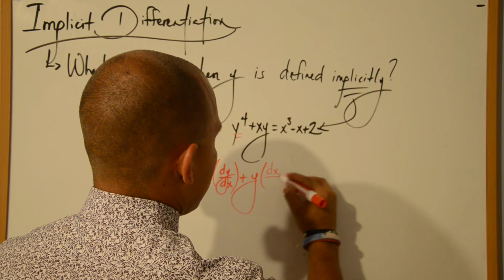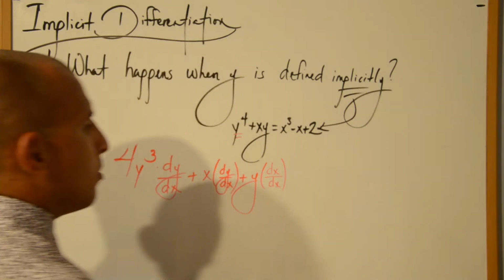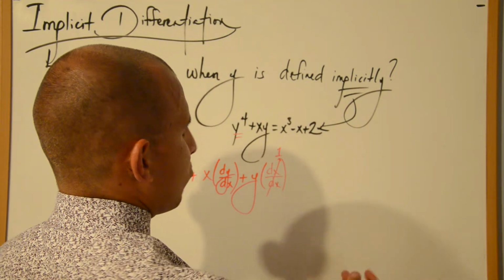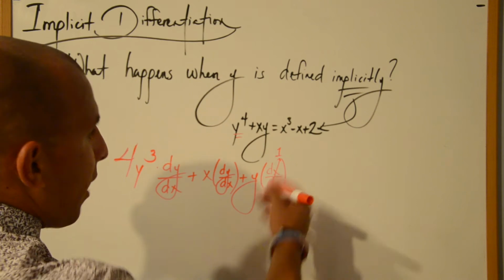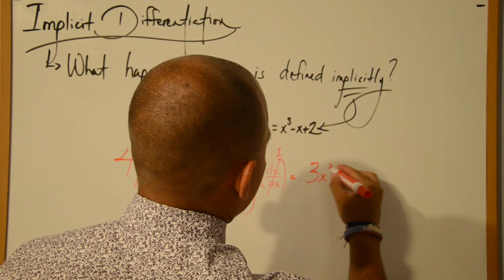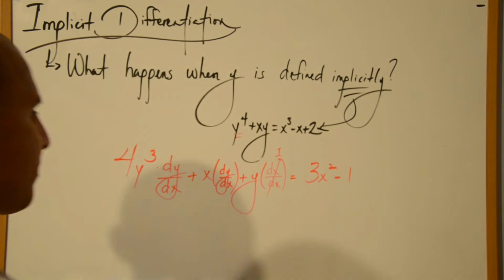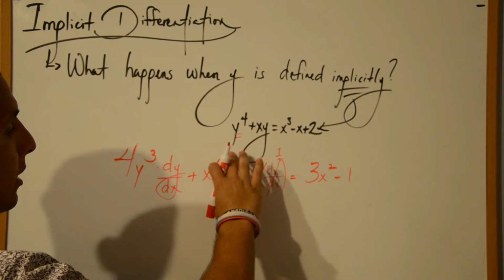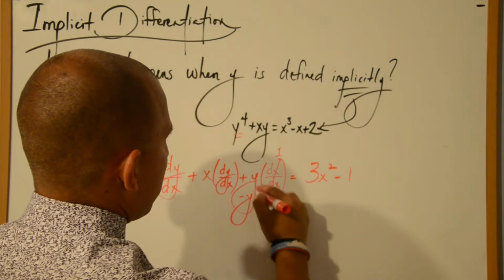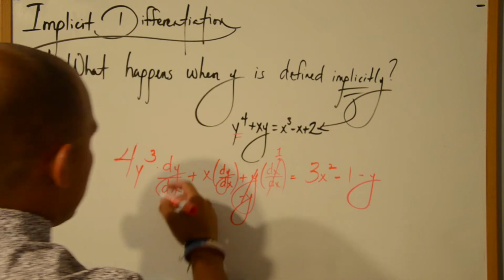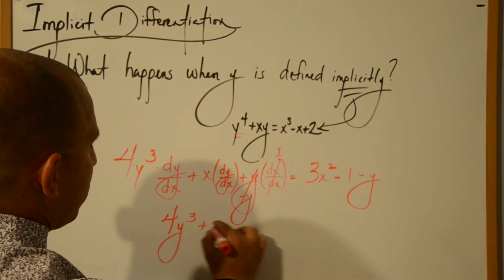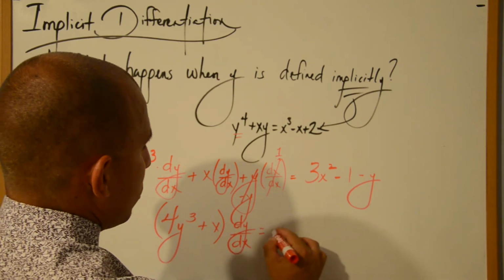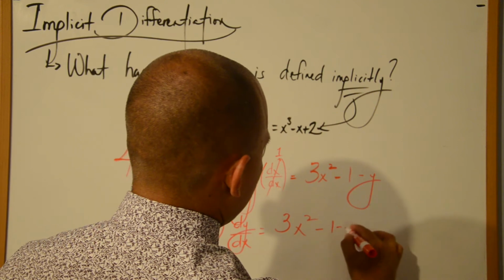We can sit here and write dx, but it's a moot point. It's 1. And then the right-hand side of the equation follows as such. If we want to collect our dy dx terms on the left side, because that's the derivative we are taking, and transfer everything else over, we're left with 4y cubed plus x, that entire expression being multiplied by dy dx, which is equivalent to 3x squared minus 1 minus y.